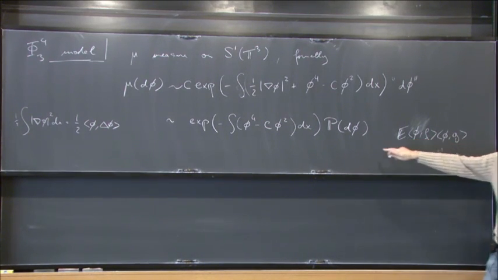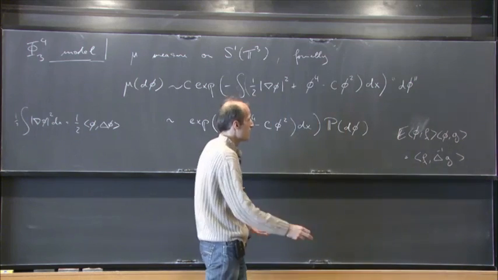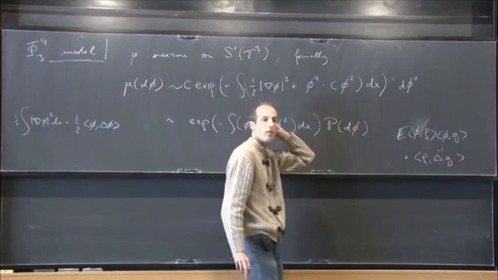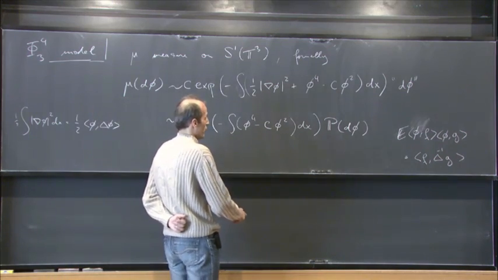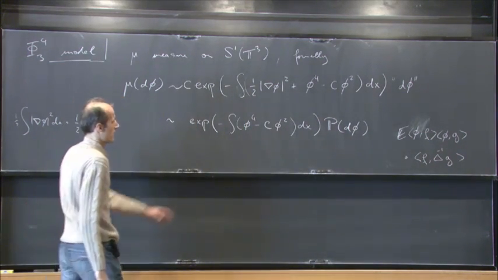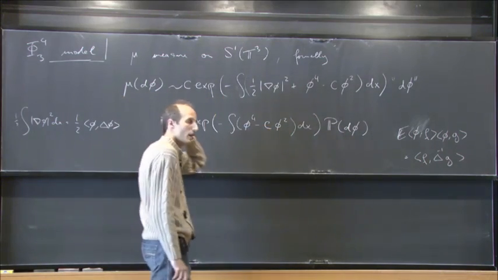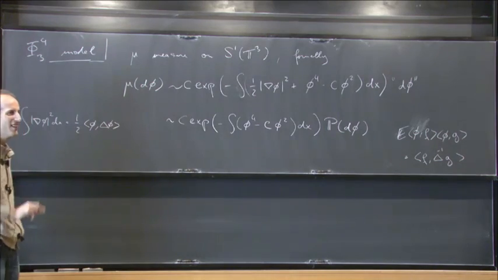And this expectation is just under the measure P. So now there's absolutely no problem in making sense of it as a measure on distributions. So we could say it should be the measure on distributions that has this density with respect to that measure, again with a normalization constant.